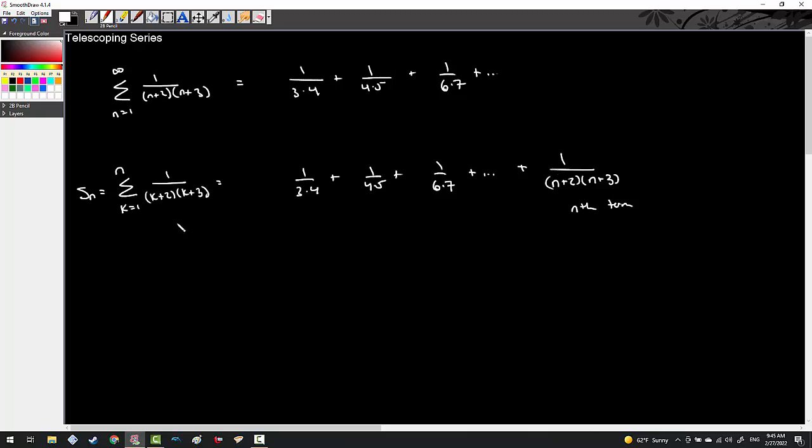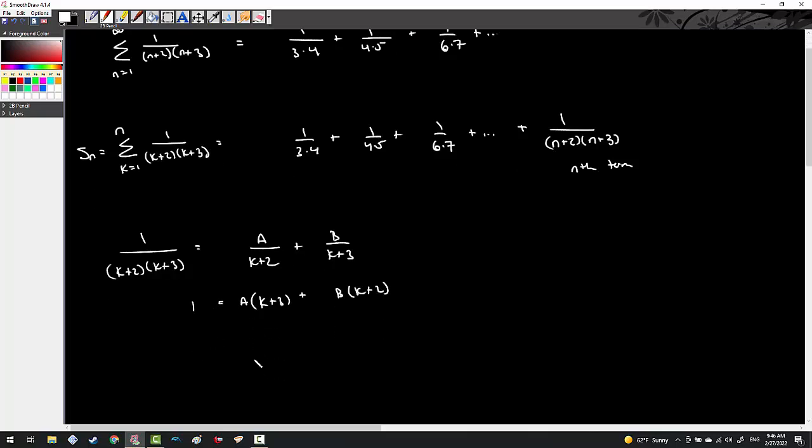So let's take a look at this from a different perspective. If I want to separate these fractions out, like 1 over k plus 2 times k plus 3, and you guessed it, if I'm going to separate these out, I'm going to end up having to use partial fractions on this thing. So a over k plus 2 plus b over k plus 3. Well, a times k plus 3 plus b times k plus 2, that's going to equal 1.